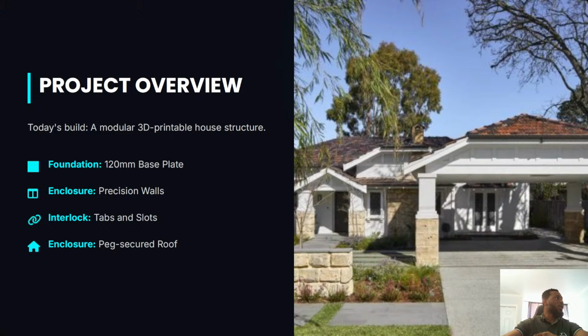Today we're going to be making a simple, basic assembly of a house using tabs and slots. We're not going to be using any screws to have this click in place. I'm going to show you how we can use tabs and slots to ensure that each of these separate parts are combined together effectively with correct dimensions.